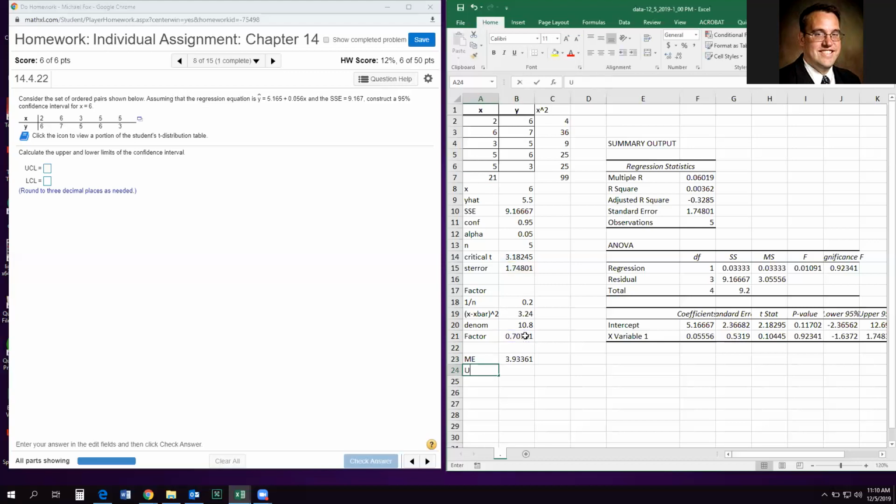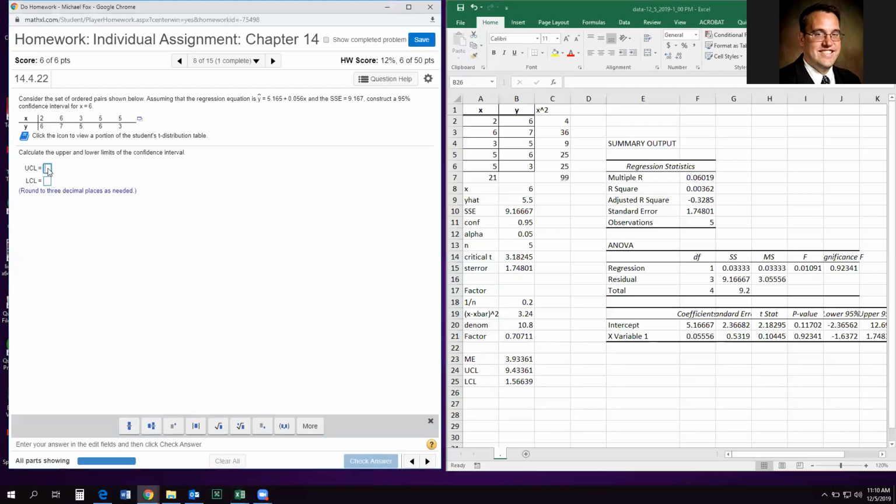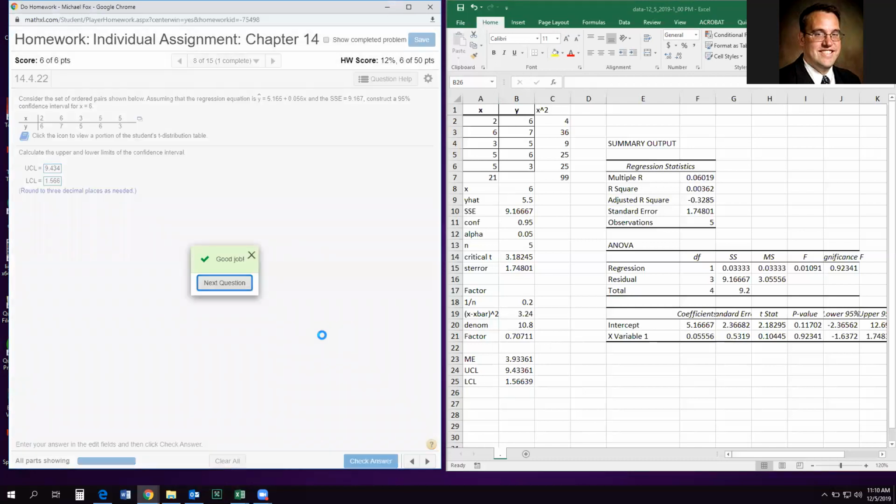And now we can do the upper confidence limit and the lower confidence limit simply by taking the y hat plus the margin of error, and this is going to be the y hat minus the margin of error. And hope we didn't make a mistake in all of that. That's it. So hopefully that was helpful to you.